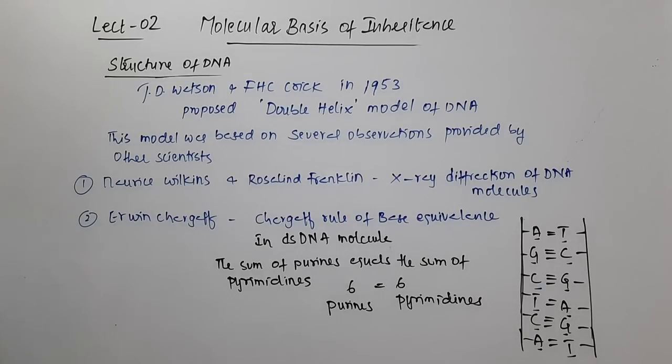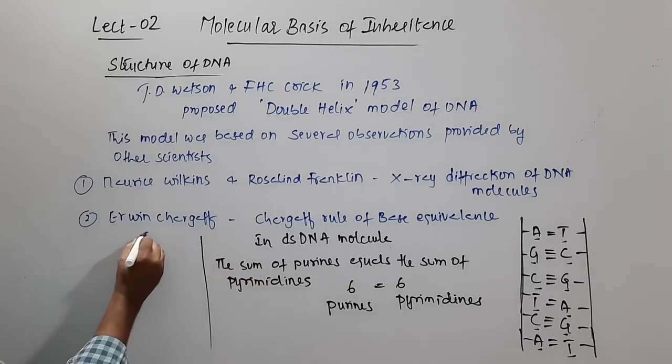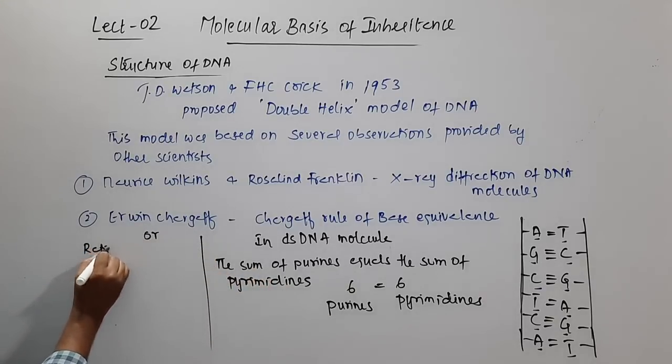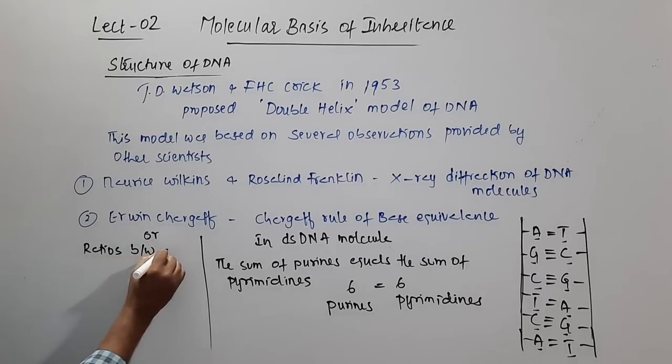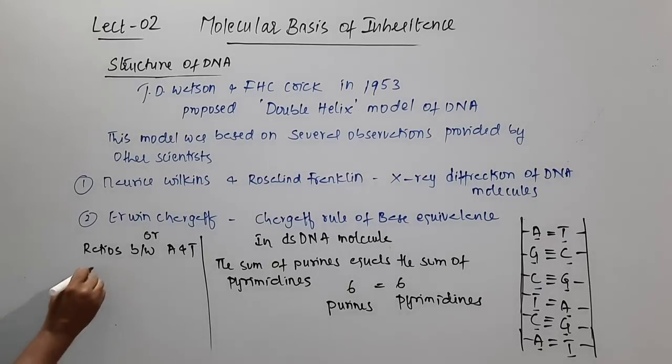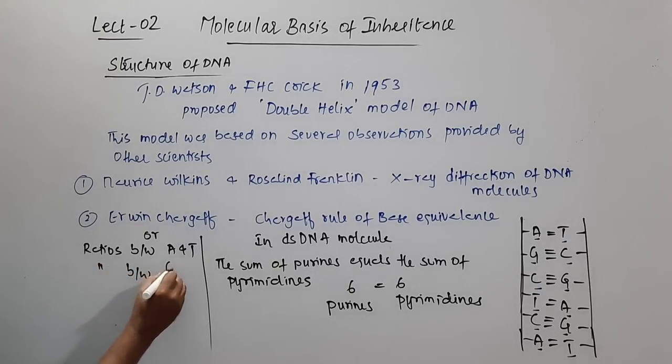Or you can take the ratio between adenine and thymine, and in the same way between guanine and cytosine. So you will get 1, right?